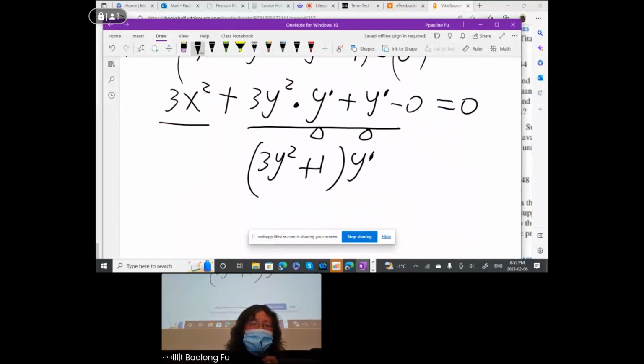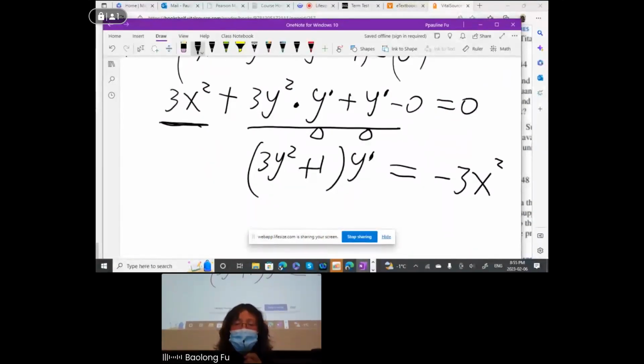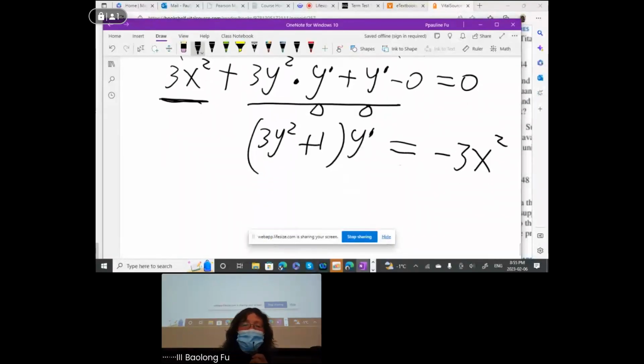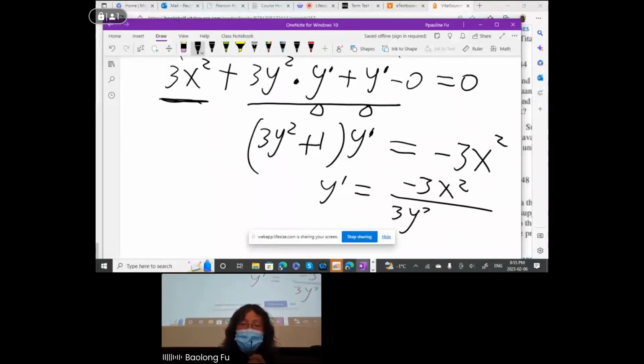And I move 3x squared to the right-hand side, where it becomes negative 3x squared. Now I solve for y prime: y prime equals negative 3x squared over 3y squared plus 1. That's it.